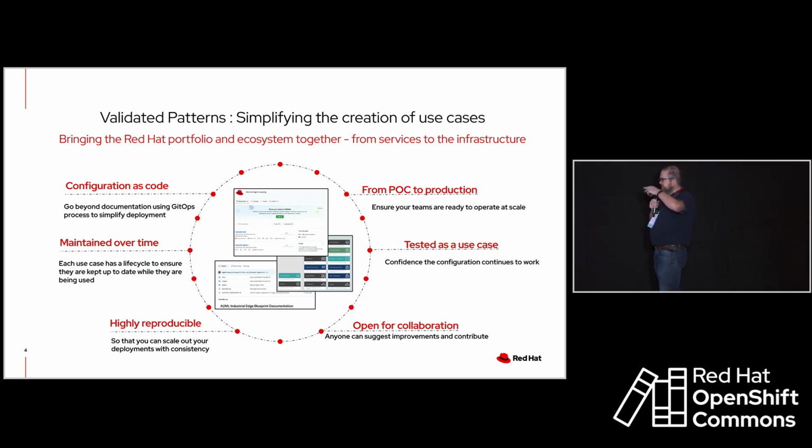In effect, a validated pattern is a collection of operator subscriptions, Helm charts, secrets, and other artifacts that are packaged up and ready for you to either use or adapt to your needs. I'll show you in a minute how we've adapted a couple.